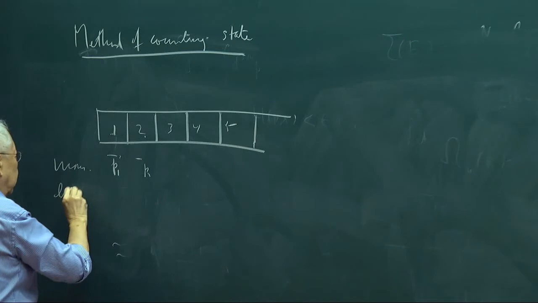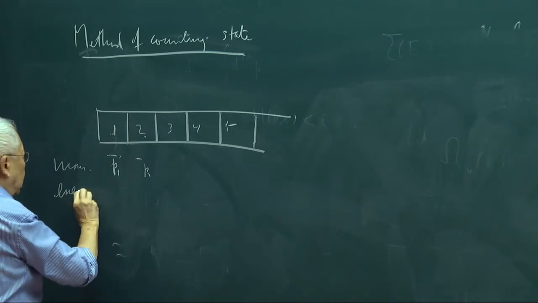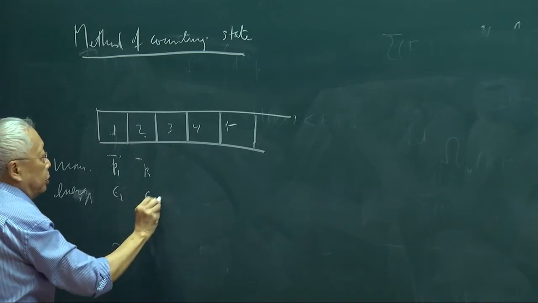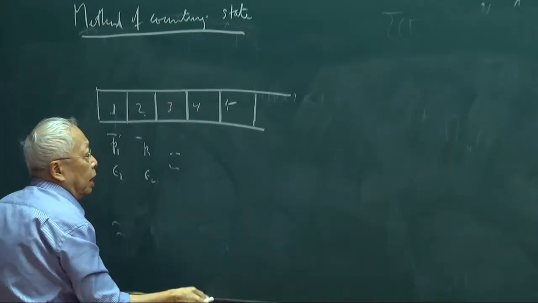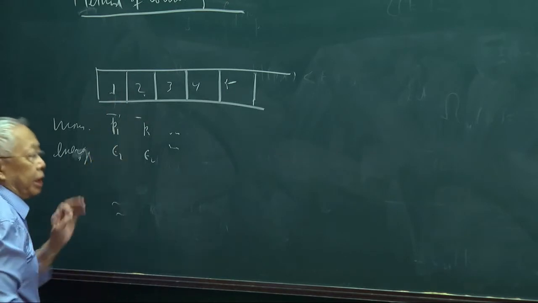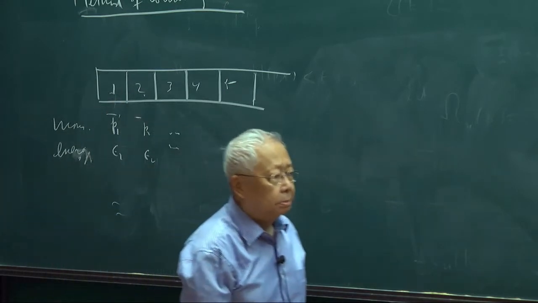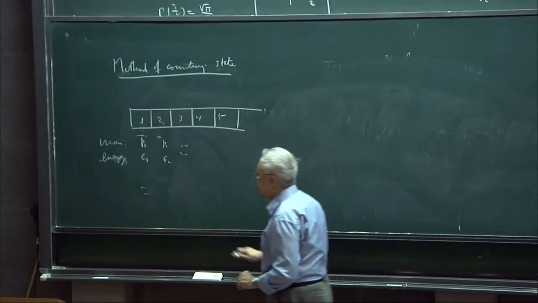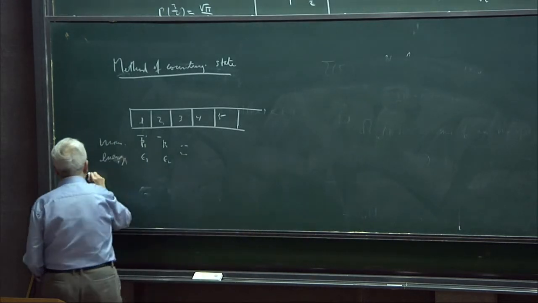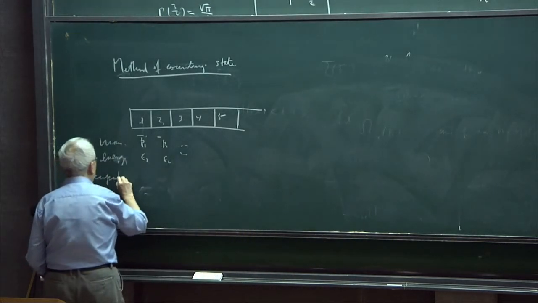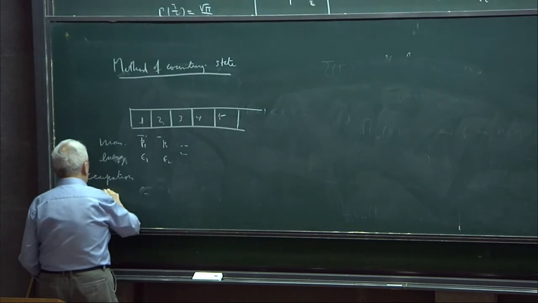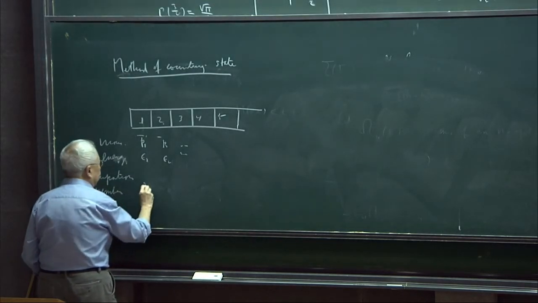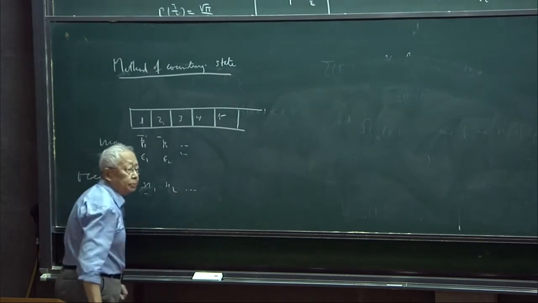The energy we say epsilon 1, epsilon 2, and so forth. And now we just say how many particles are in each cell. The state of the system is determined by saying how many particles are in each cell. That is, it is specified by a set of numbers called occupation numbers, N1, N2, and so forth.